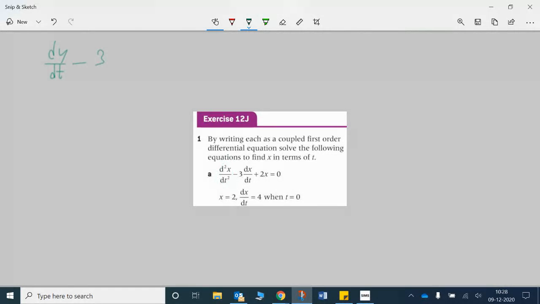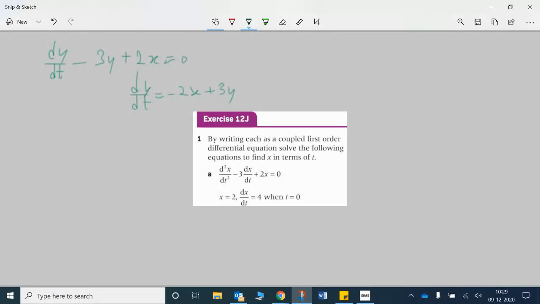And we're getting minus 3 lots of y plus 2x is equal to 0. And, of course, that gives us dy/dt is equal to minus 2x plus 3y. I'm going to put it in terms of x and then y because that's just going to help me out a little bit with my matrix.